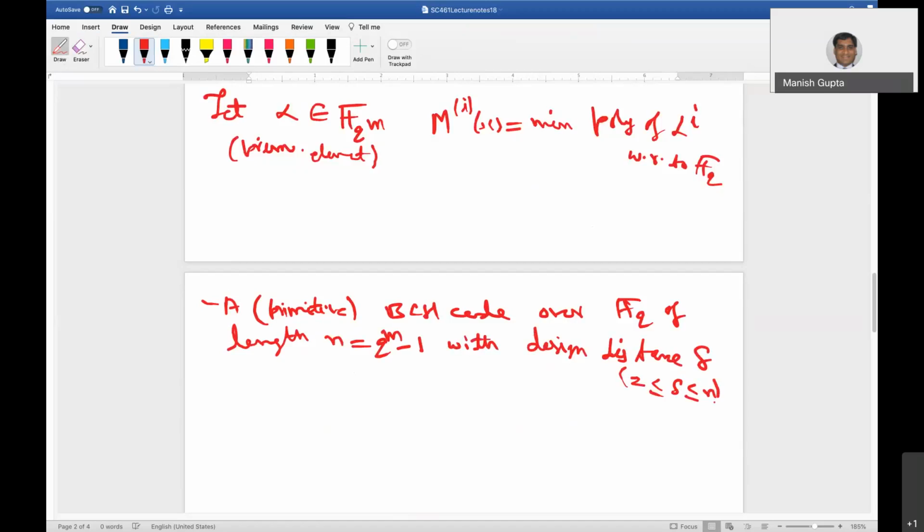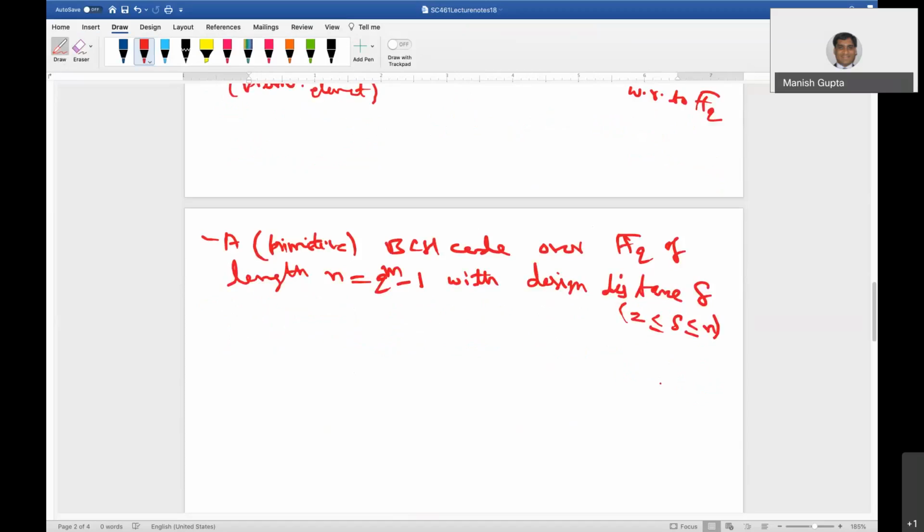So delta is in our hand. That's why it is known as design distance. Depending on how many errors we want to correct, we can choose the design distance.